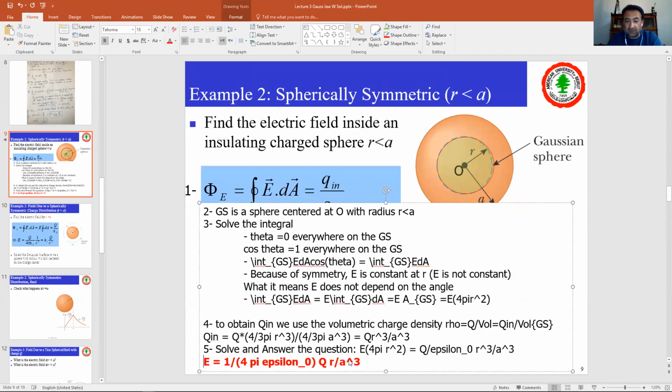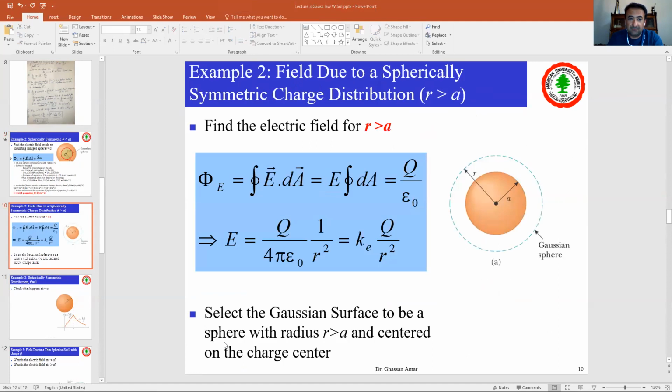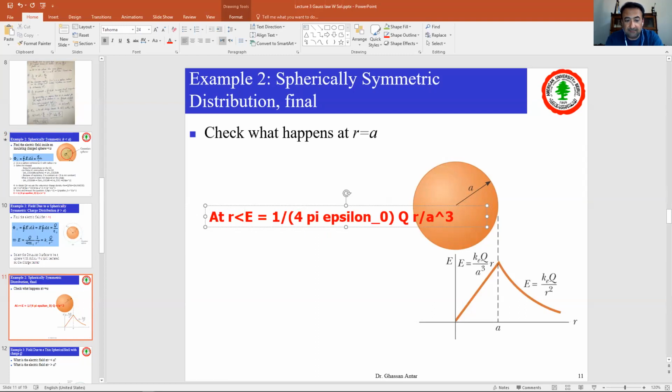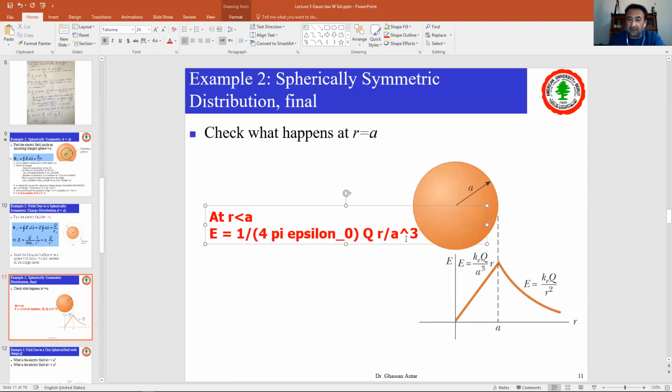This is the value of E at R smaller than A. Now at R greater than A, I have, as for a point source, E equal to 1 over 4 pi epsilon 0 Q over R squared.